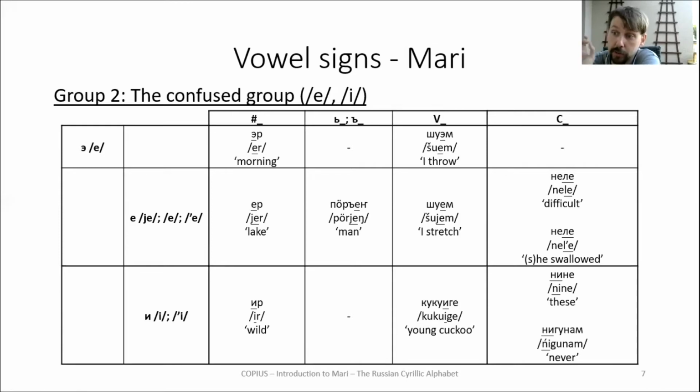And it's very important to choose the right symbol here because we have some minimal pairs. For example, we have er, morning, and yer, lake. And you have to choose the right E to indicate if there is a y before the E sound. Likewise, we have shuem, I throw, and shuyem, I stretch.